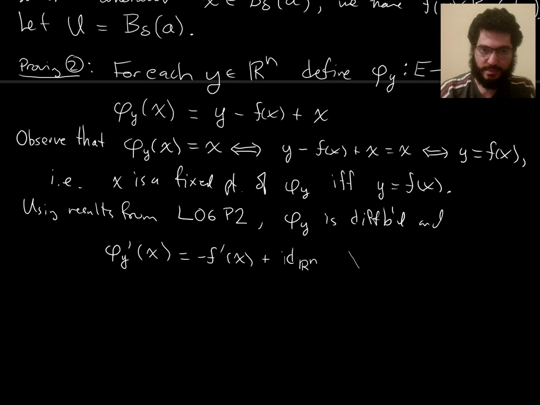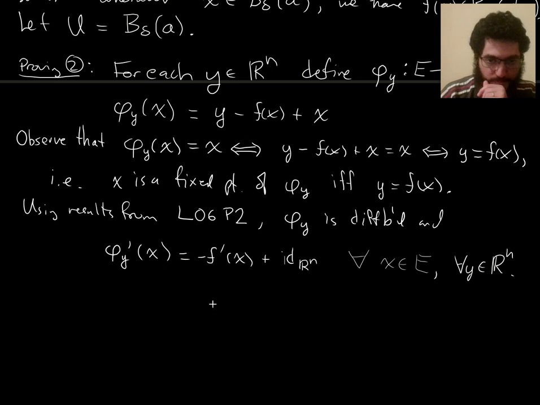Okay, and this is for all x in E that this works. And I'm doing this for each one of the phi sub y's, for each y in Rn. So I'm looking at this derivative, and let me write it differently.